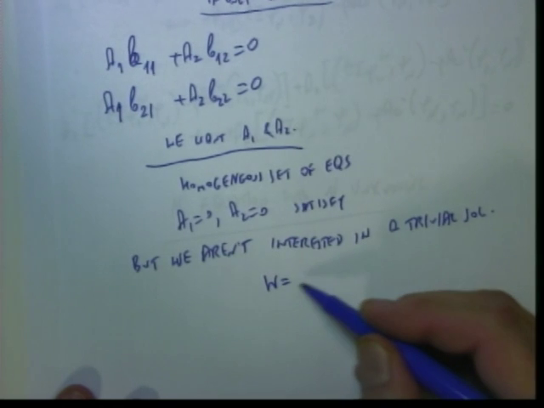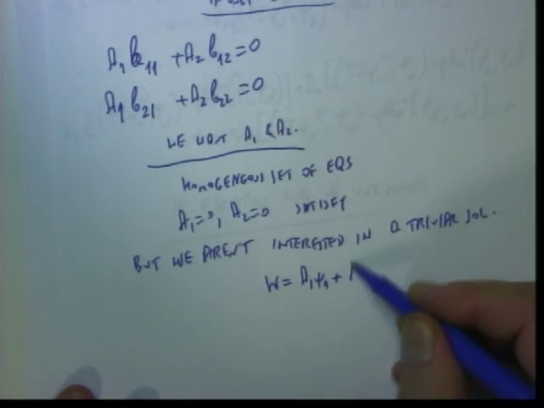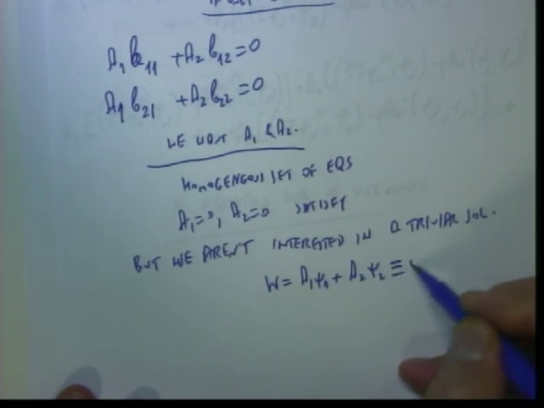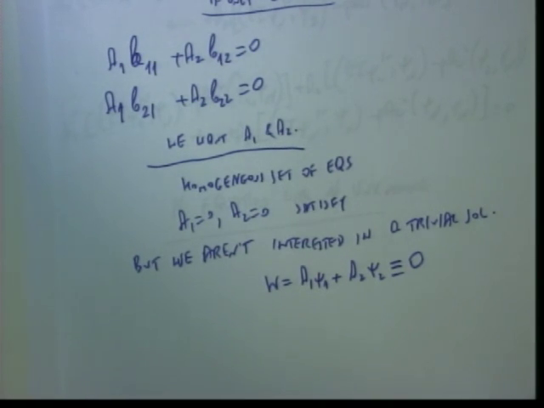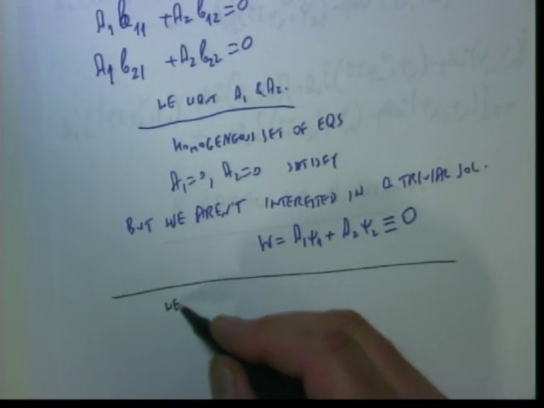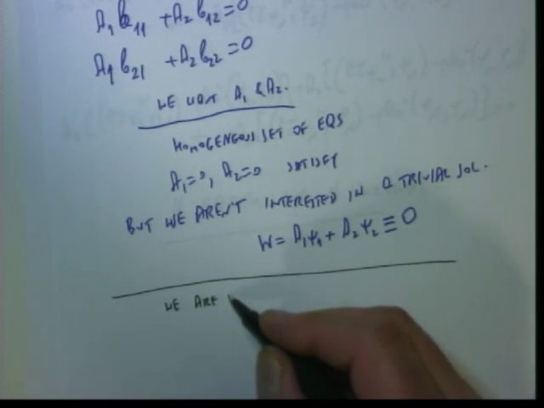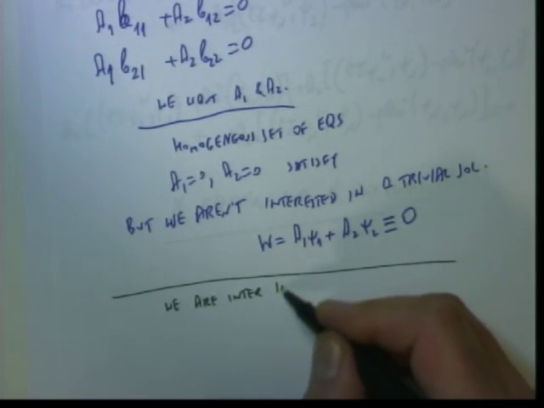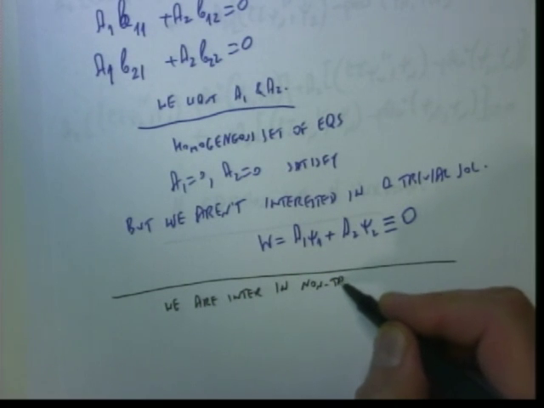Because W then equals A1 psi 1 plus A2 psi 2 and also equals 0. But I don't want a mode shape that is 0. I want it to vibrate. So this should be discarded. So therefore, we are saying that we are interested in a non-trivial solution.